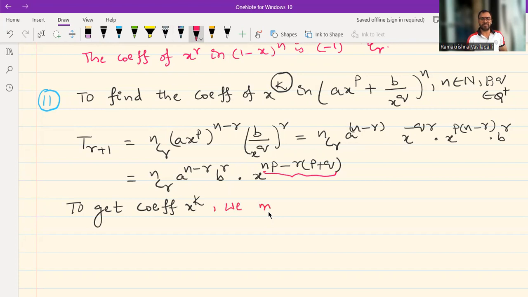We must have np minus r into (p plus q) equal to k. This implies we want to find r, because that tells us at which term the coefficient of x power k will occur.